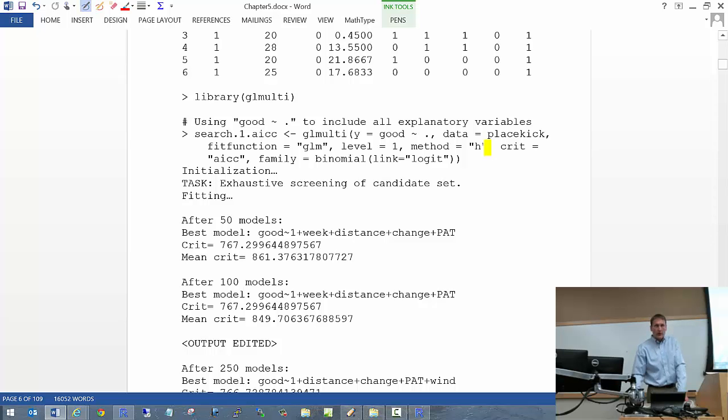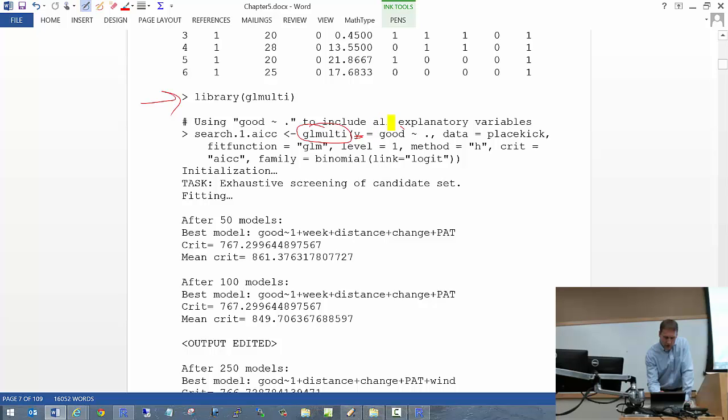And here's how you can use this package and function. This is a package you're going to have to download first and install. So I'm going to say library(glmulti). There's a variety of different ways to use the function itself. This is the way I'm going to use it. I'm going to create an object called search.1.aicc. I'm going to specify glmulti. The y argument allows me to specify essentially what variables I'm interested in.